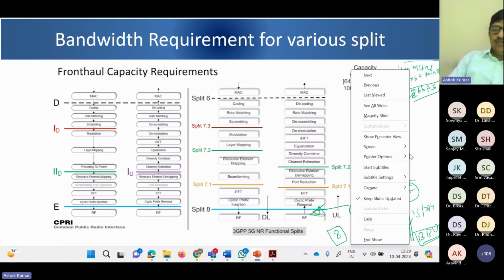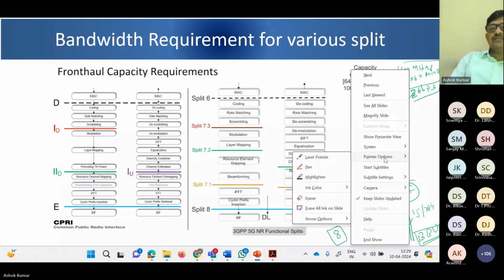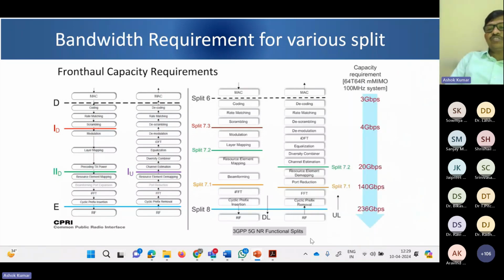Now, if you talk about other splits, let's talk about split 7.2. What was split 7.2? At the RU, I have lower physical layer plus RF.